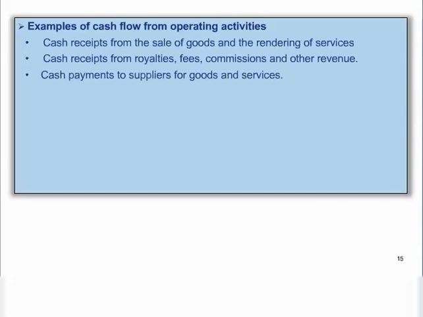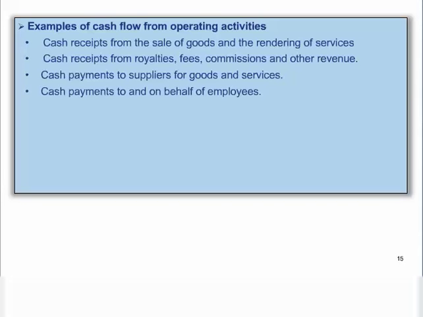Cash payments to suppliers for goods and services are another example. For example, the cash payments Pepsi makes to its various suppliers of goods and services, such as sugar, glass bottles or PET bottles, would become part of its cash flow from operating activities.